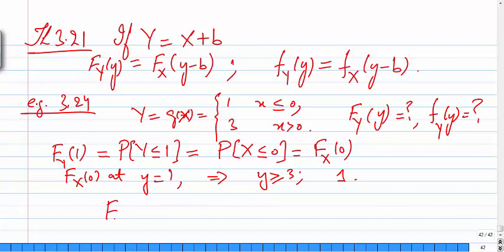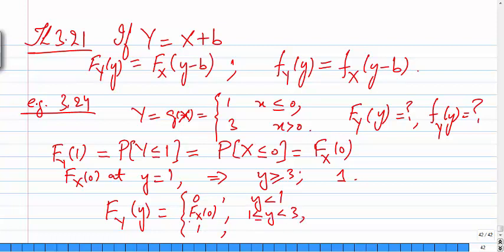So CDF of Y is 0 when Y is less than 1. If Y is greater than or equal to 1 and less than 3, in that case this is F X of 0. But at 3, because there is a clipping circuit, there is a jump, and Y is greater than or equal to 3. So this is the way we can write the CDF.